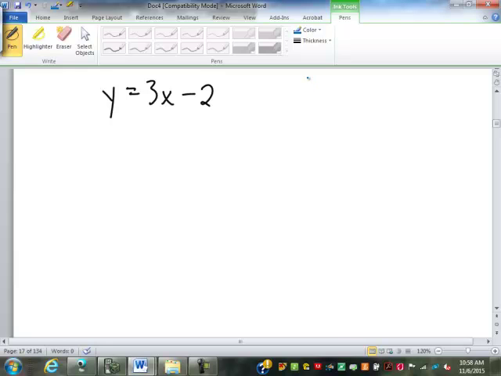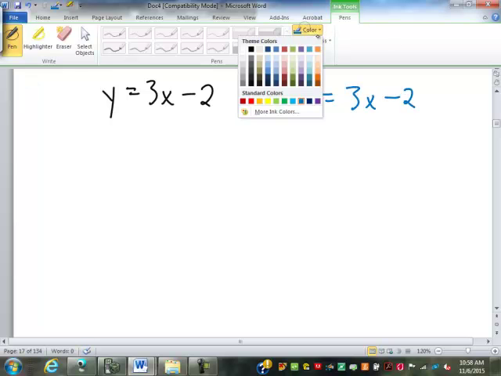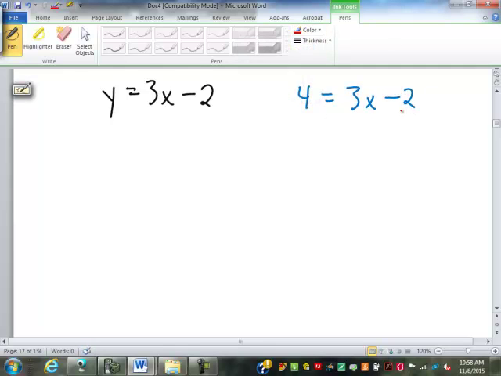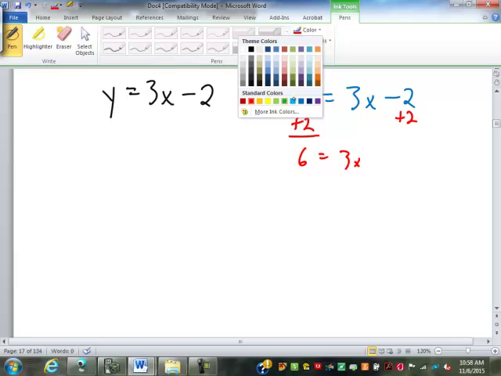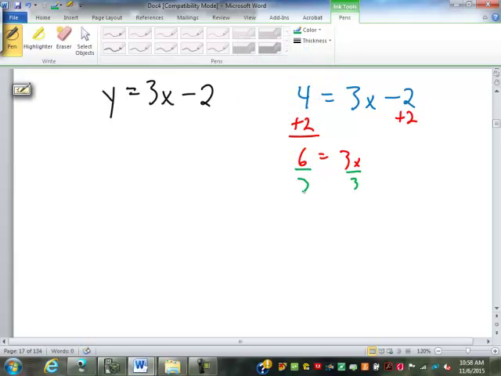We have solved equations that might look like this. And by solving that, we just added 2. So 6 equals 3x. And we divided by 3. You get 2 equals x.